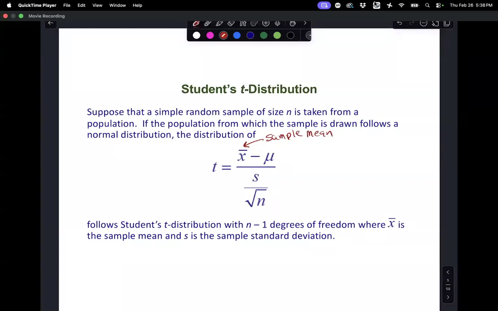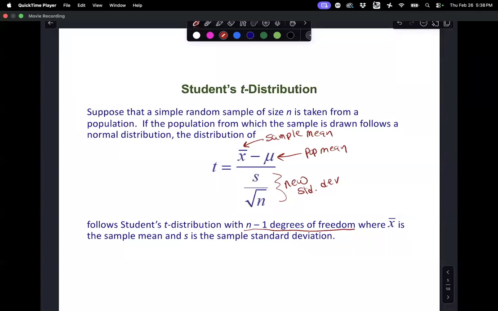You take the sample mean, subtract it from the population mean if you have it, and then you divide it by the new standard deviation. So it's just like finding a z-score, but it is a t-score. Now, don't worry about n minus 1 degrees of freedom yet.